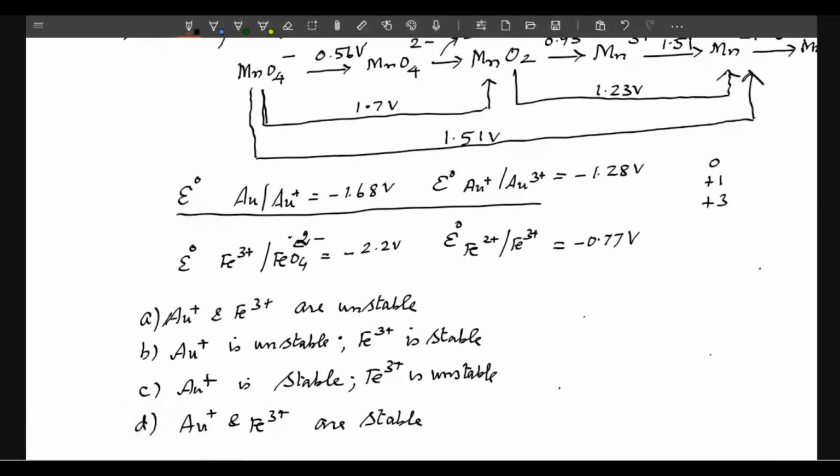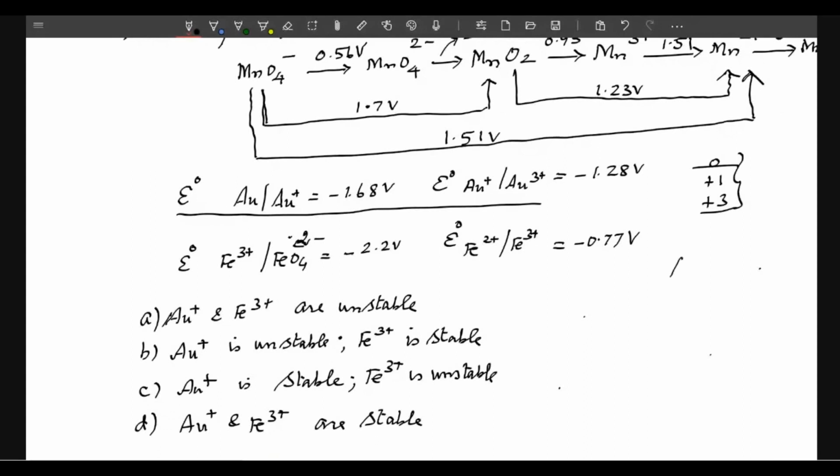For which state can you find whether it is stable or unstable among the three? The extreme states are stable. Therefore, for the intermediate state you have to find out whether it is stable or not, that is, whether it undergoes a disproportionation reaction or not.